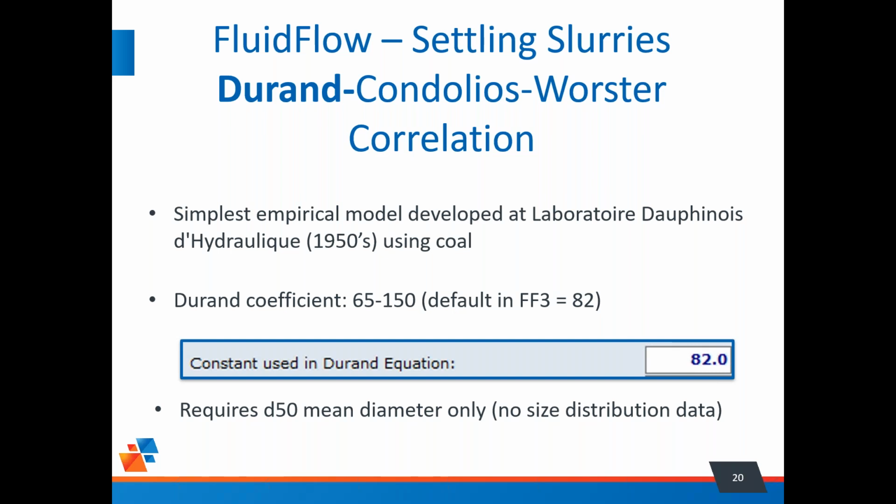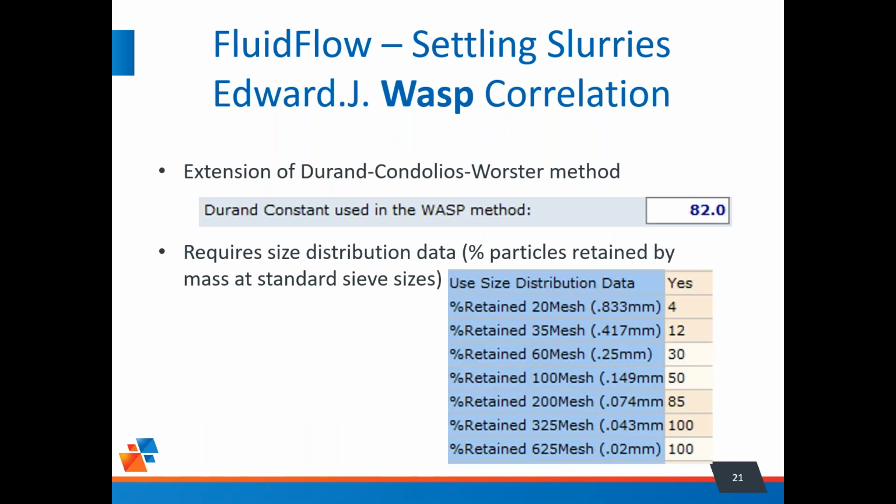The Durand coefficient in the Durand equation could also be adjusted to other than the default value of 52, but this is the default value used by FluidFlow, and it's typically an unknown anywhere between 65 and 150. An extension of the Durand method is the WASP correlation by Edward J. Wasp.